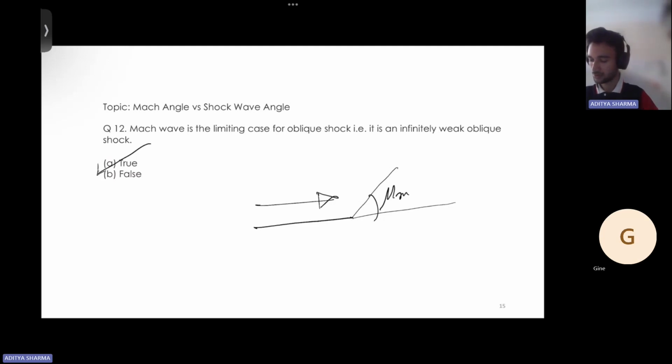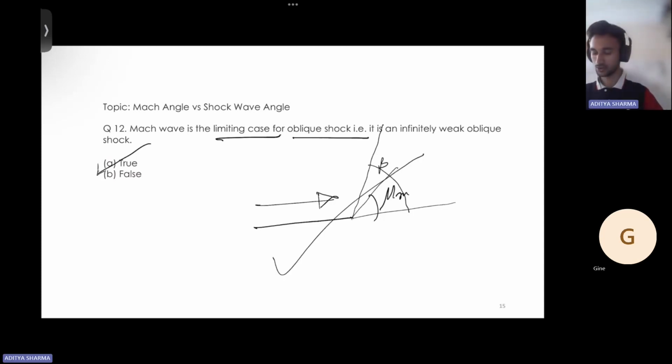And beta is the case for oblique shocks, and there is this limiting case. Yes, smallest beta value, that is this mu m, right? So this is the limiting case for oblique shocks. Okay, answer A is correct.